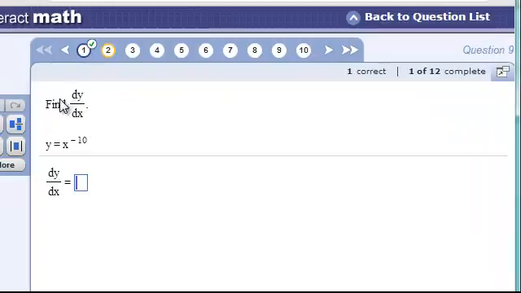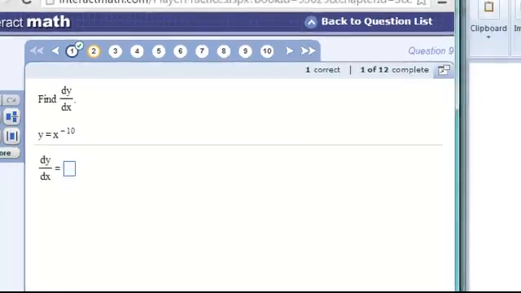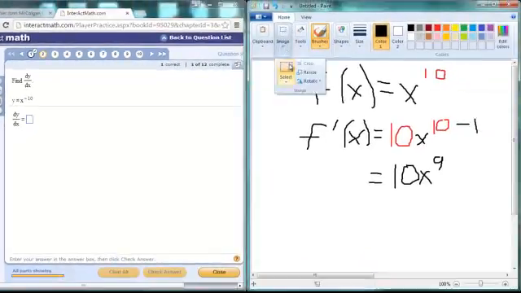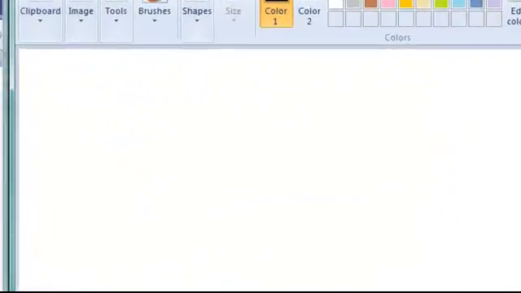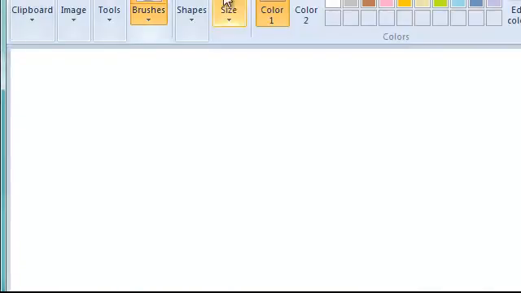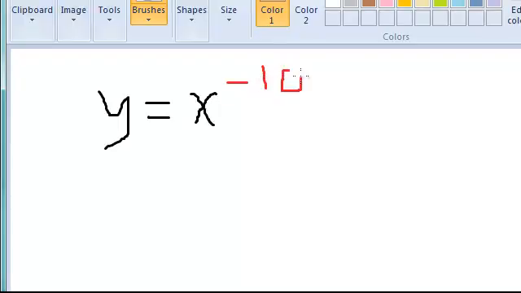So, same idea here. Find dy dx for y equals x to the negative 10th power. And here, let me just erase all this. Okay, and let's write this one now. So now we want to find dy dx, Leibniz notation now, for y equals x to the negative 10th power.